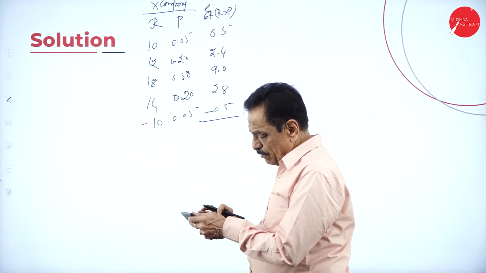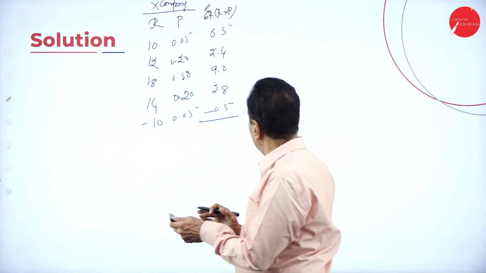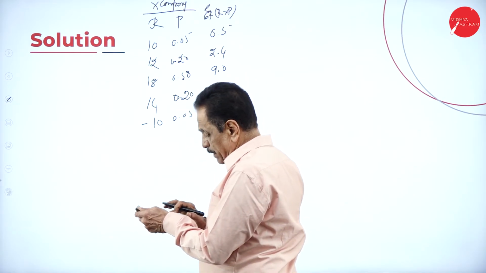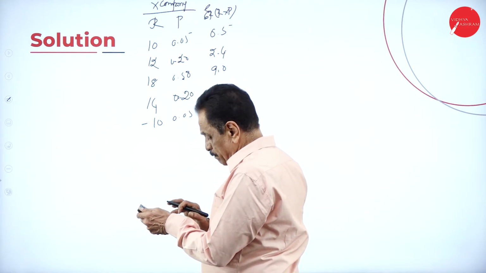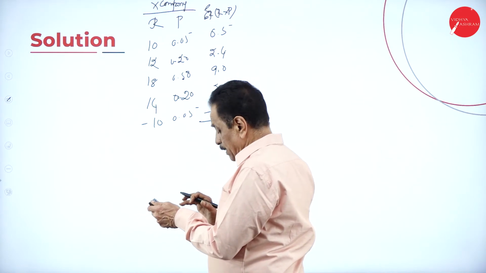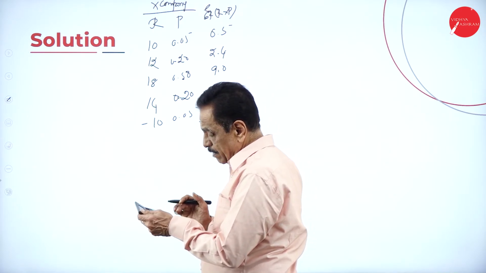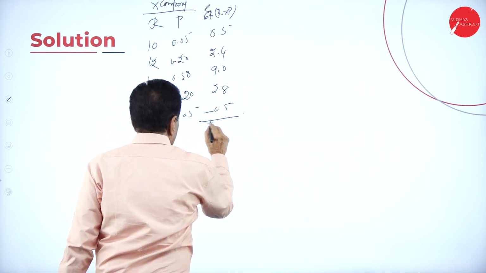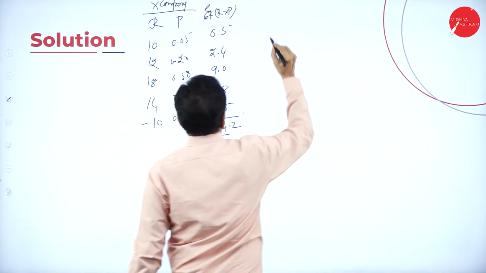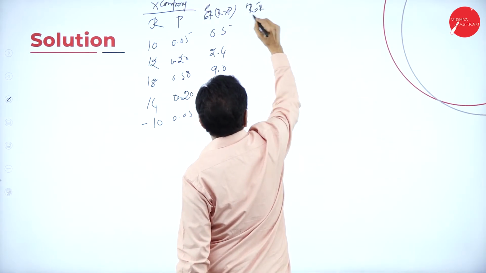Add the figures: 0.5 plus 2.4 plus 9 plus 2.8 minus 0.5, 14.2. Expected return 14.2.